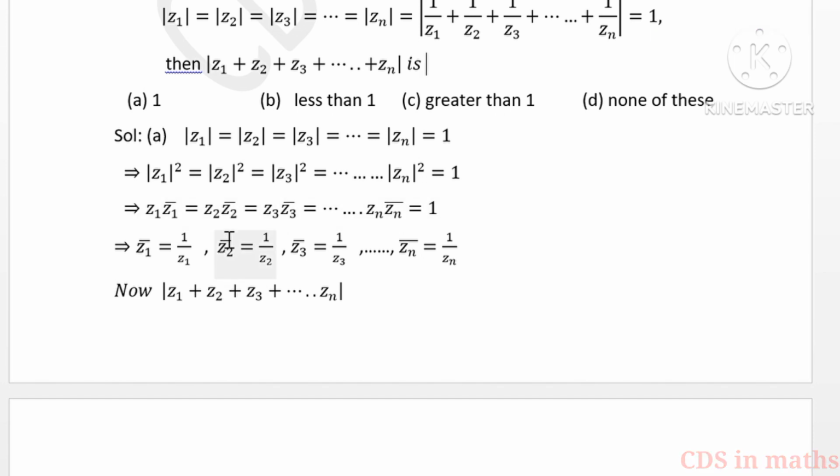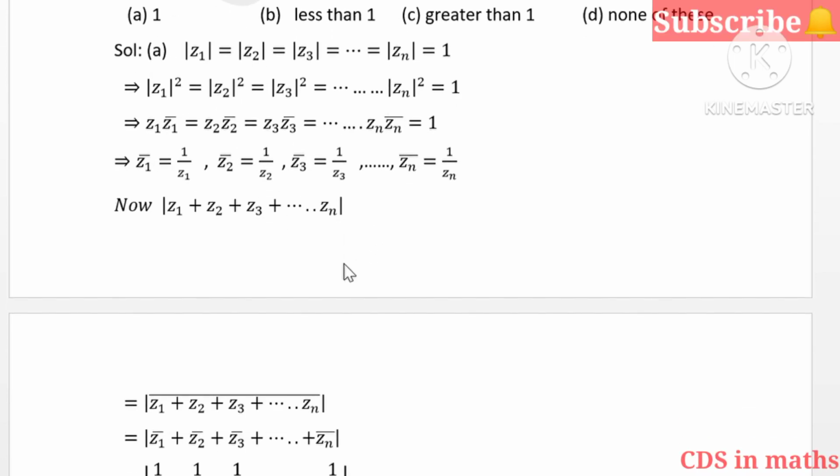Similarly, z2 bar will be 1 by z2, z3 bar will be 1 by z3, and the process continues: zn bar will be 1 by zn. So this is the information we derived from the given data.